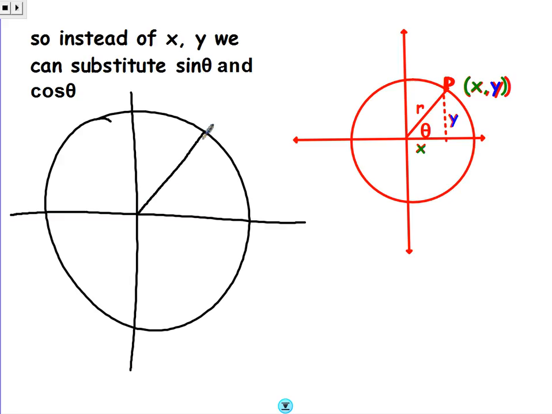Here is my theta, okay? And this point right here that's intersecting the circle and my terminal side, that point, the x comma y, is cosine theta, sine theta. Can you guys write that somewhere? Find any point x, y and write cosine, sine on top of it. Cosine theta, sine theta.